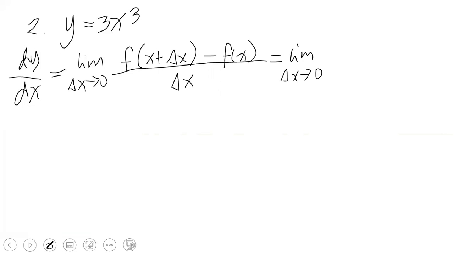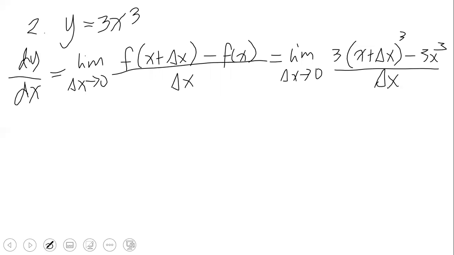Yung function is represented by the following. So, you have 3 times the quantity x plus delta x, quantity cube, minus the original function given, 3x cube, all over delta x.